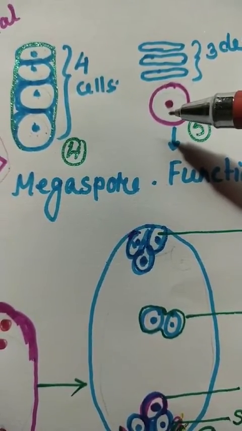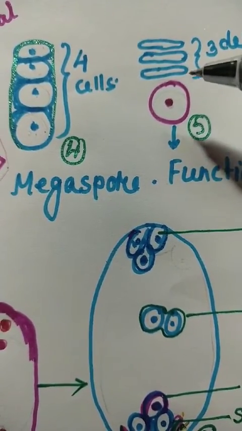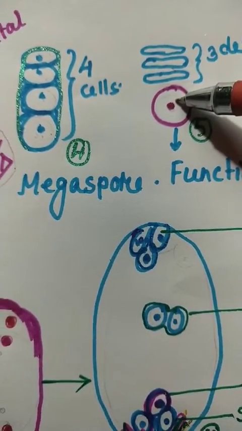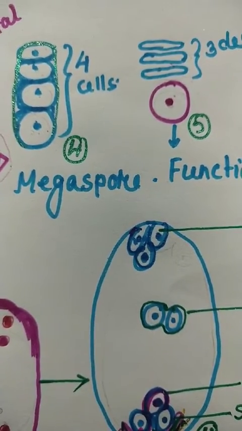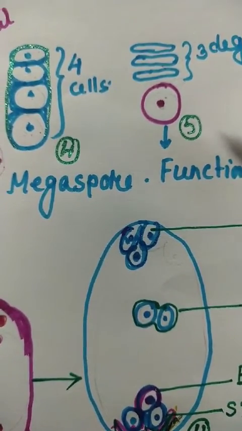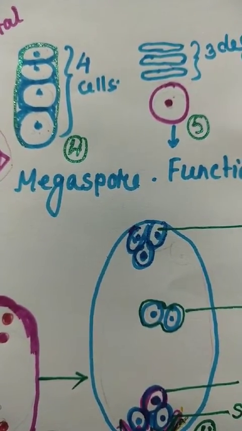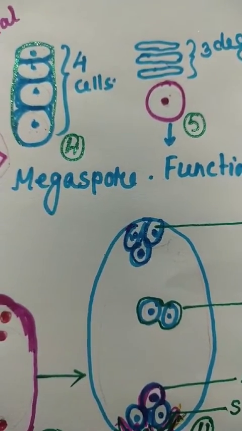However, P. Maheshwari, one renowned embryologist, in 1950 reported that sometimes 2 megaspores develop into embryo sac, as in Allium. In this case it is known as bisporic. And in Lilium, all 4 megaspores develop into embryo sac.